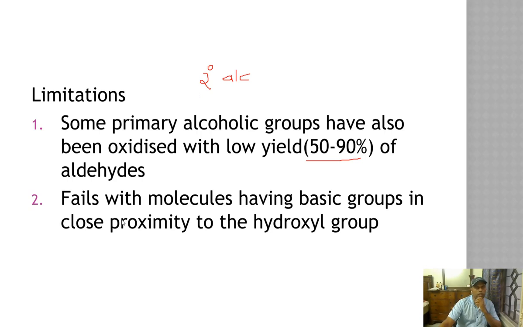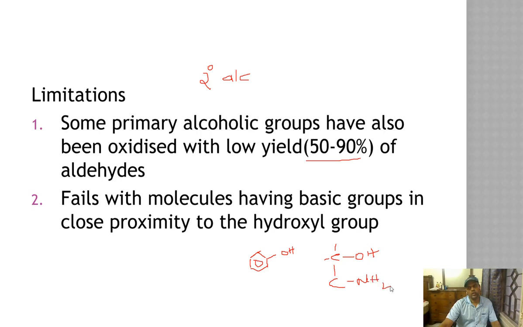Next, it fails with molecules having basic groups in close proximity to the hydroxyl group. So suppose you have an OH group and you have some other group here, like an amine group.